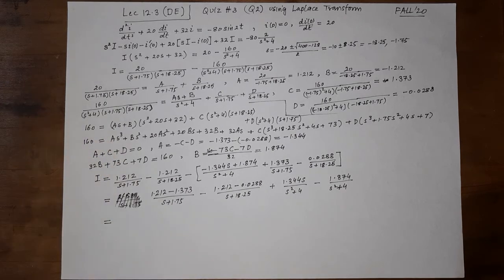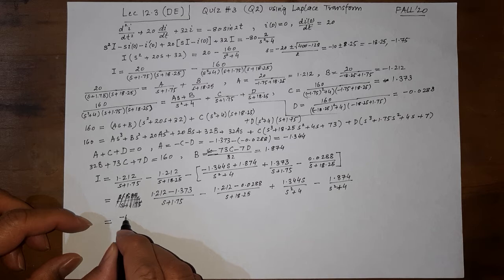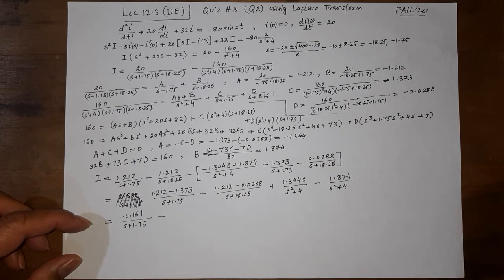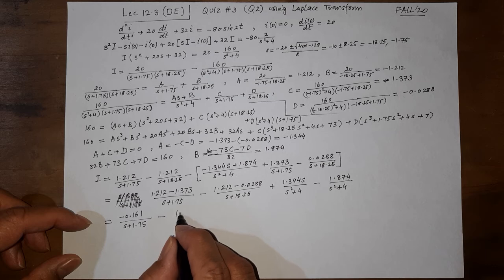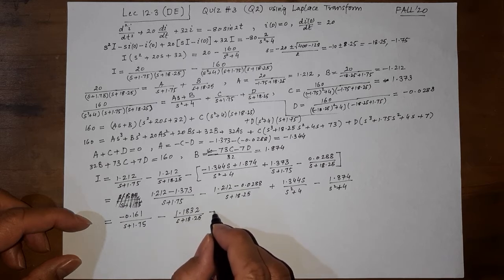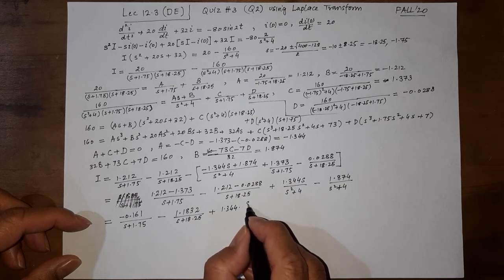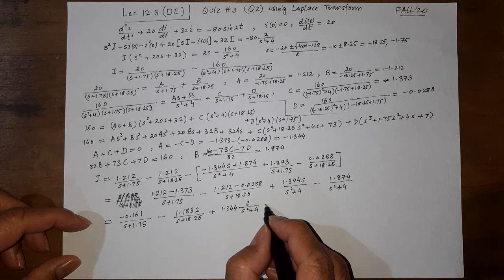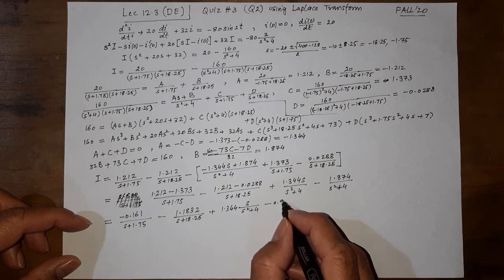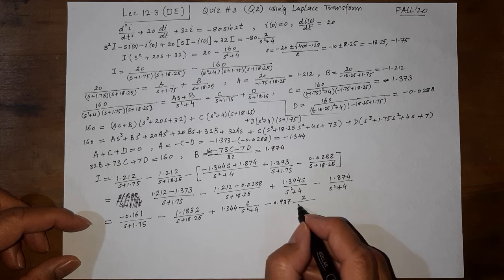Now I need to calculate the new values. 1.212 minus 1.373, we get minus 0.161 over s plus 1.75, minus 1.212 minus 0.0288, we get minus 1.1832 over s plus 18.25, plus 1.344 into s over s square plus 4, minus, let us halve this, 1.874 divided by 2, so minus 0.937 into 2 over s square plus 4.